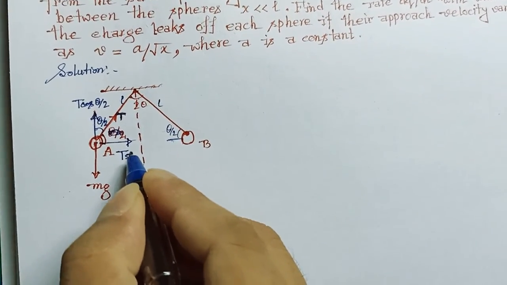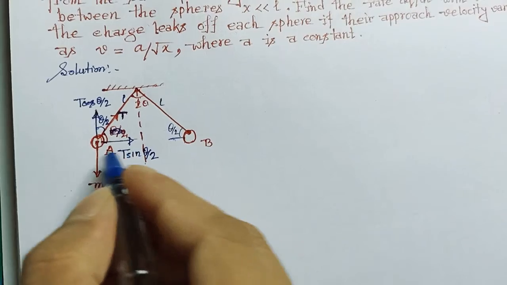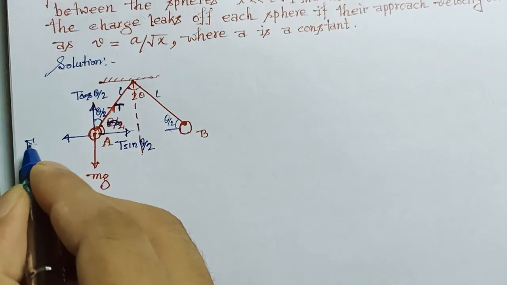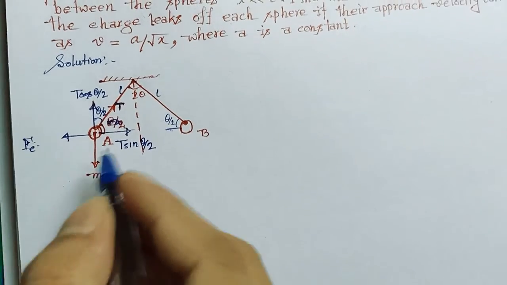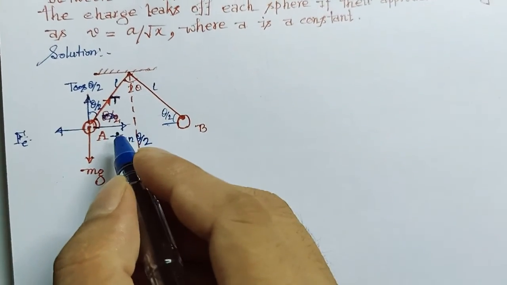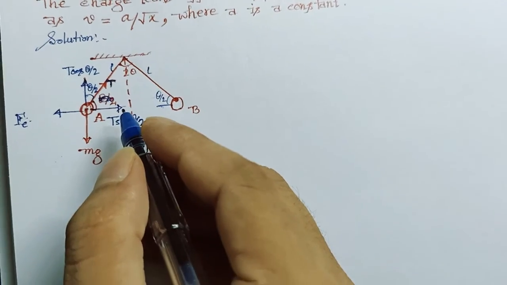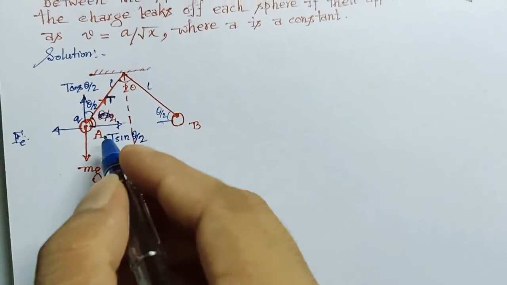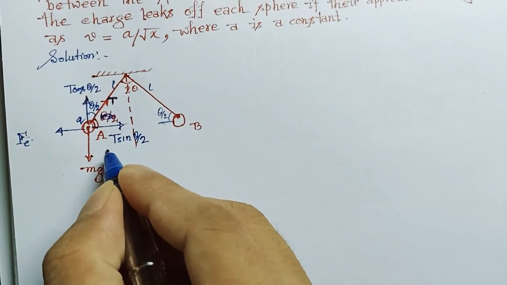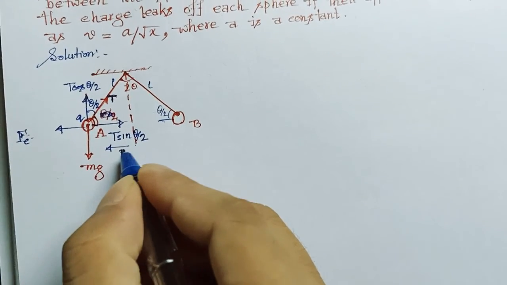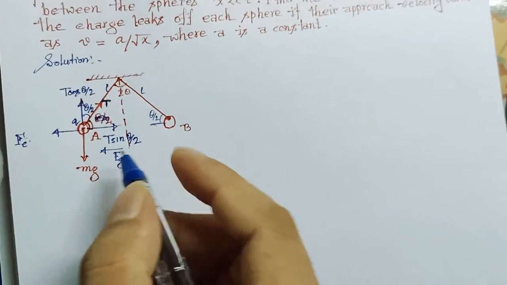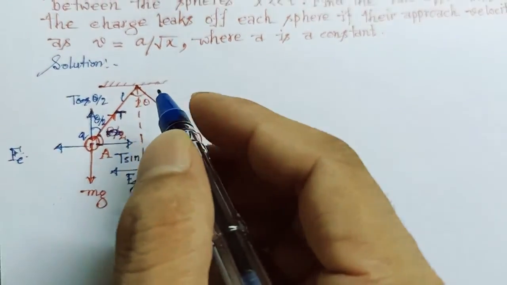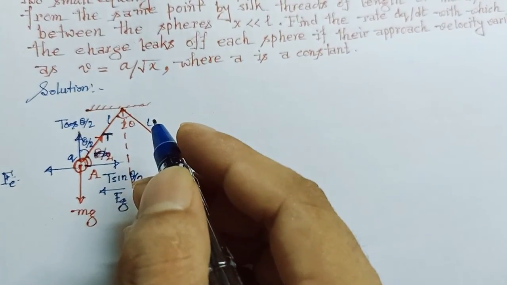There will be an electrostatic force Fe, and in this direction there will be another force, since the charge of the sphere is q, and in this direction there will be a force of gravitation Fg. So all the arrangement in the problem is shown in the figure.